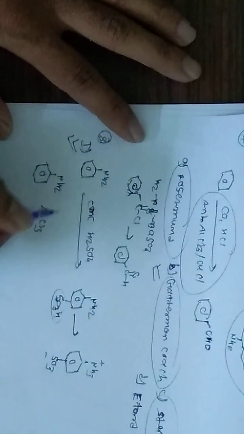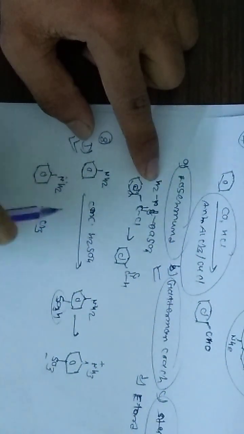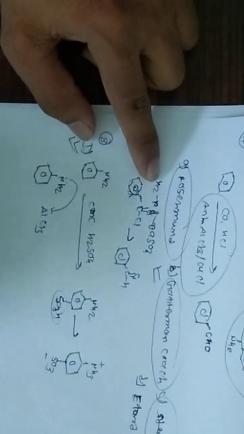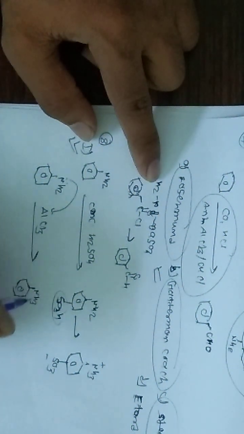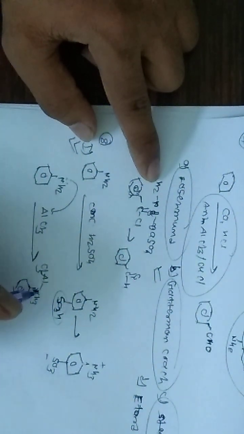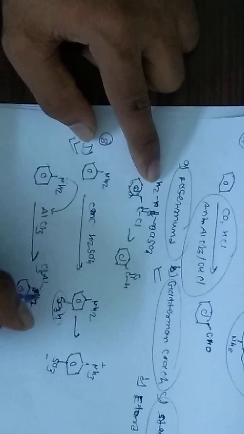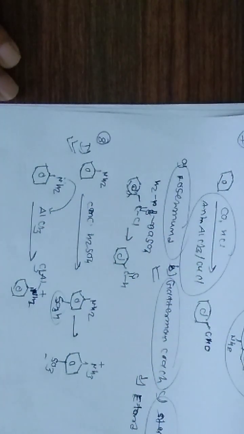This AlCl3 forms a complex with NH2. The nitrogen donates its lone pair to the empty p orbital of aluminum chloride and forms a complex. Now this NH2 becomes positive and withdraws electron density towards itself.